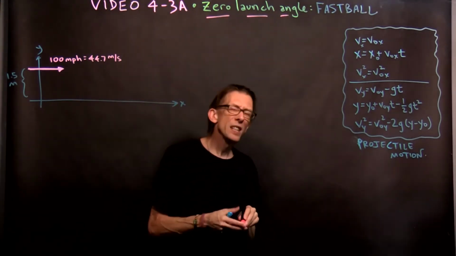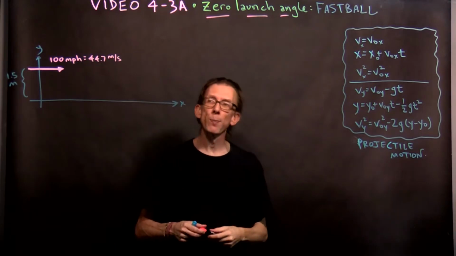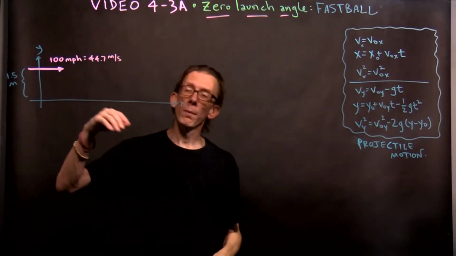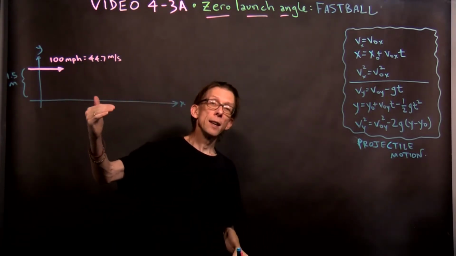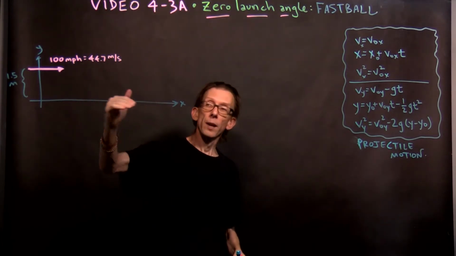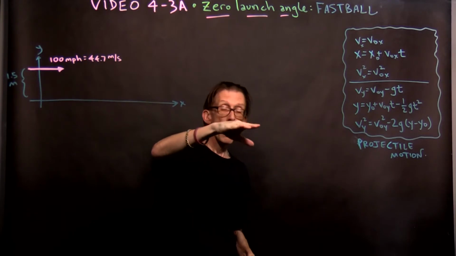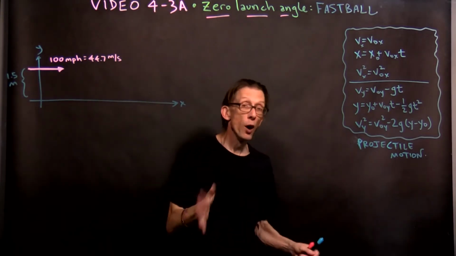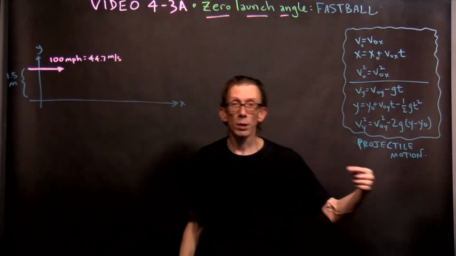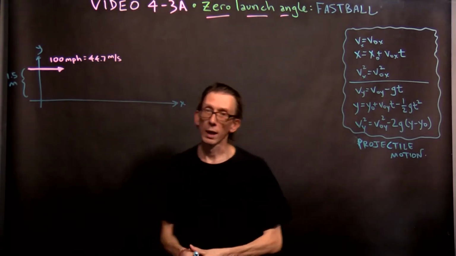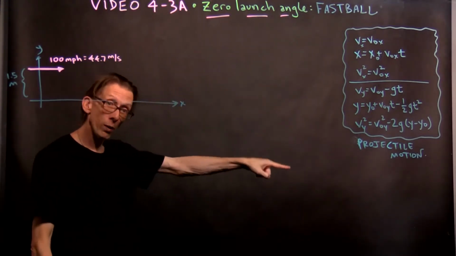And notice that what I say here is zero launch angle. What that means, we'll see more later, but what it means is that when the ball or the projectile is launched, it is moving horizontally. Now, it won't keep moving horizontally. You've noticed that if you throw a ball horizontally, it will fall.